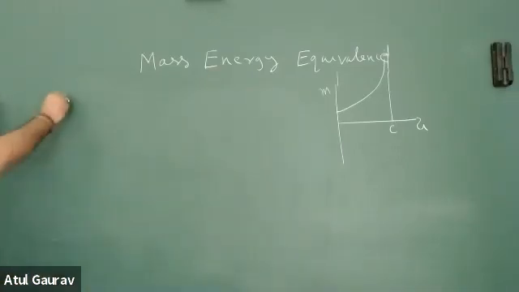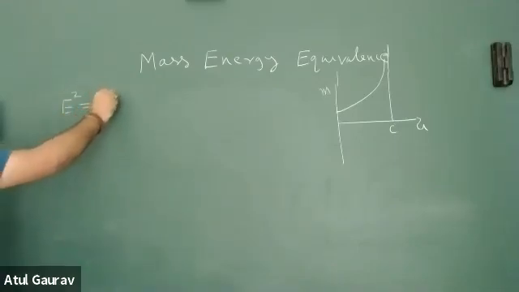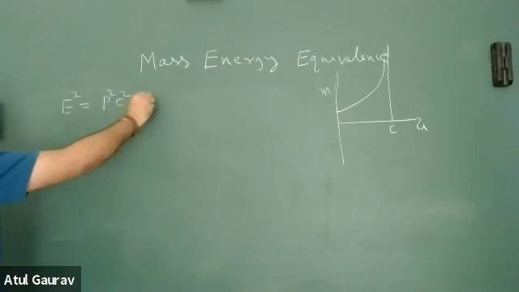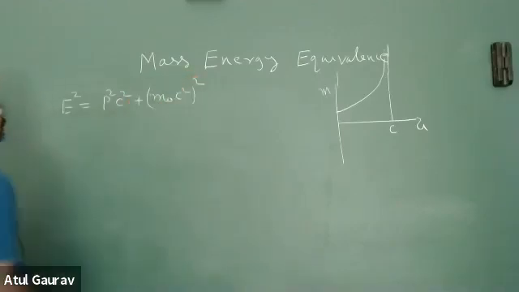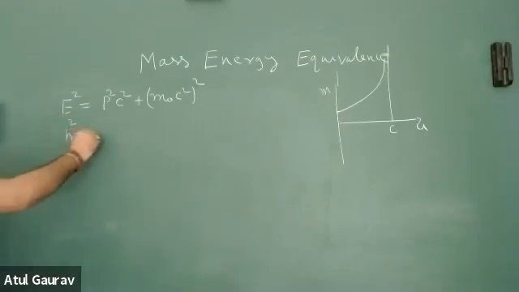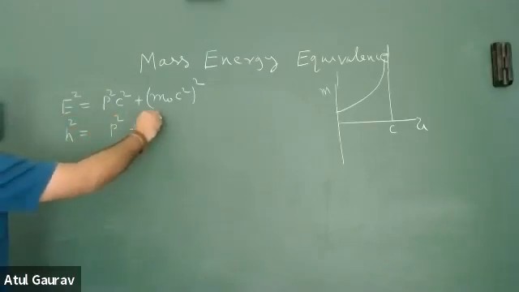So what we have is E square is equal to P square C square plus M naught C square whole square. And now if we can recall the Pythagoras theorem, we have H square is equal to P square plus B square.